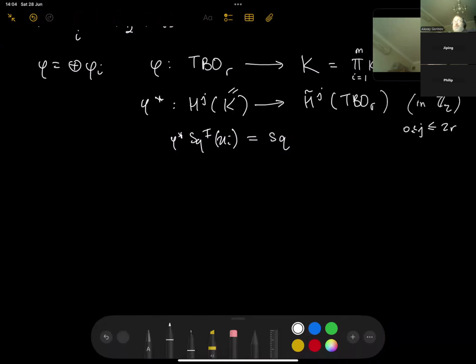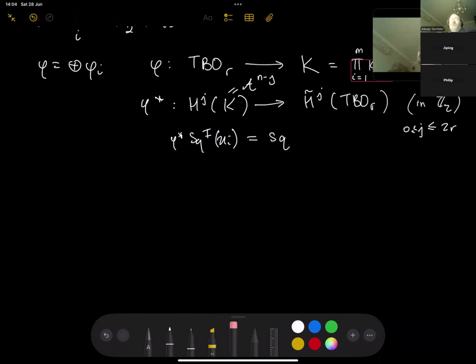And the cohomology of the Eilenberg-MacLane space is the Steenrod algebra up to some degree, a direct sum over i.